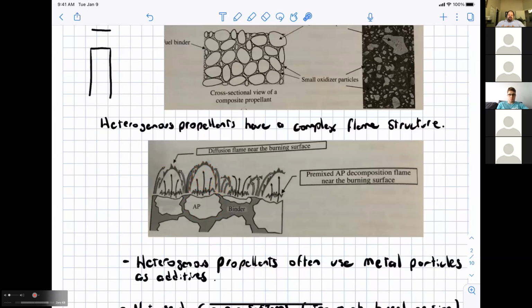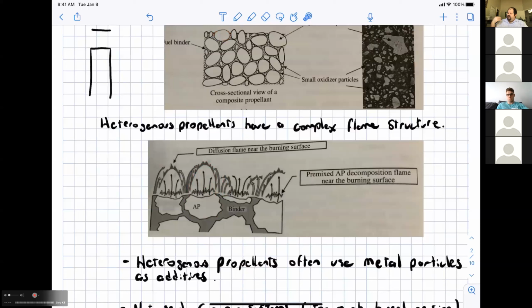And so this structure here is inherently multidimensional, and how fast this propellant burns is dependent on a lot of things. So not only the total amount of, say, the ammonium perchlorate crystal or the type of binder, it's dependent on the size of the ammonium perchlorate crystals.